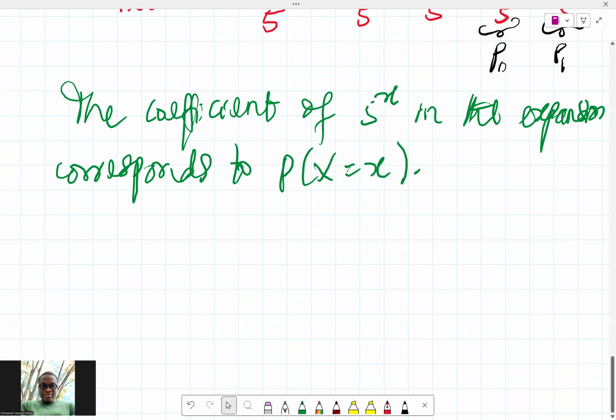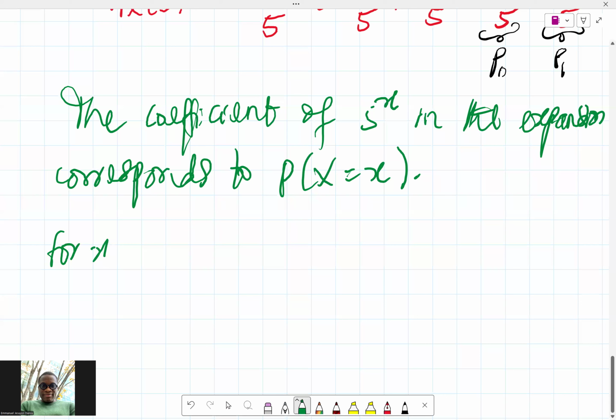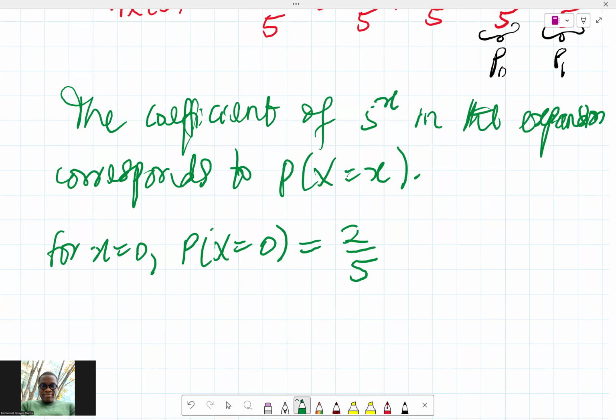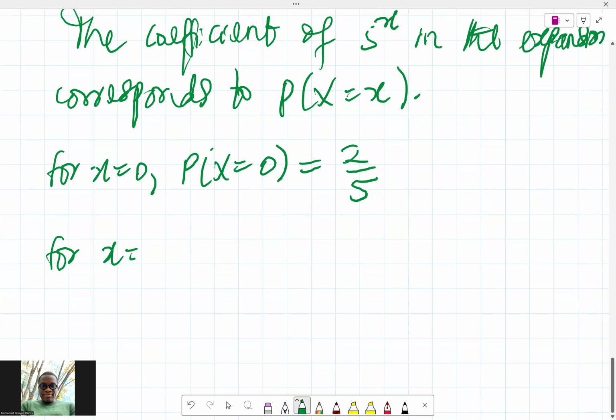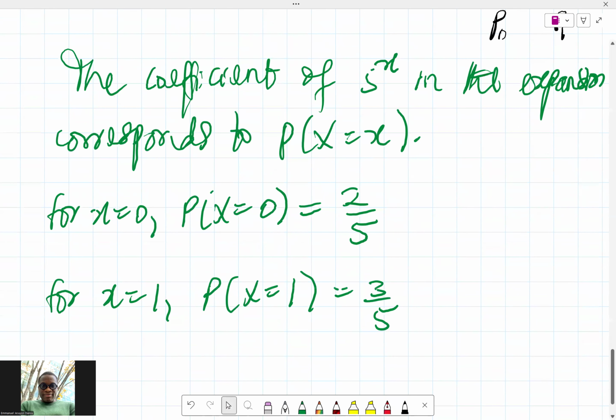For x equals 0, the probability that X is equal to 0 is simply 2 over 5. And for x equals 1, the probability that X is equal to 1 is 3 over 5, just like we noted from the expansion.